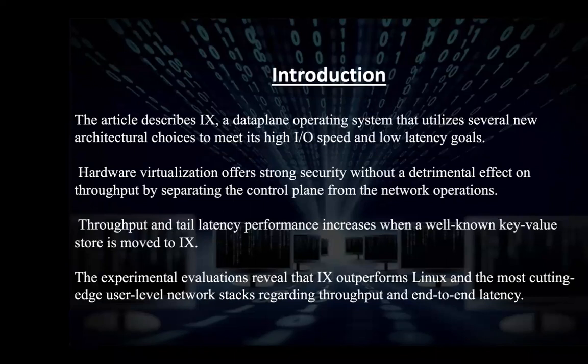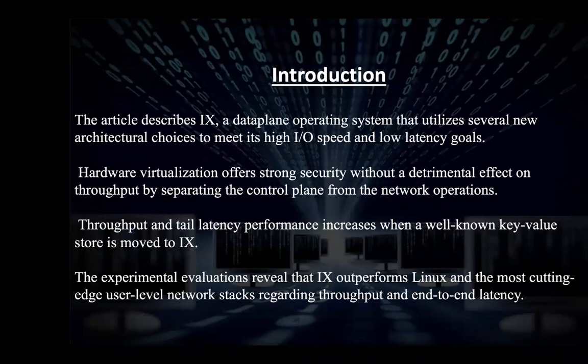Coming to the next slide, a data plane operating system that utilizes several new architectural choices meets its high I/O speed and low latency goals. The hardware virtualization it offers has strong security without a detrimental effect on throughput by separating the control plane from the network operations.